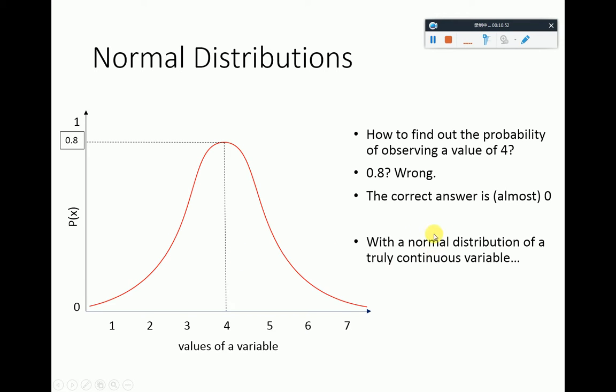So with a truly continuous variable, if this variable is normally distributed, then the probability of observing an exact value, for example, 4 precisely, is very, very, very small. So small that we can regard it as 0. Okay?